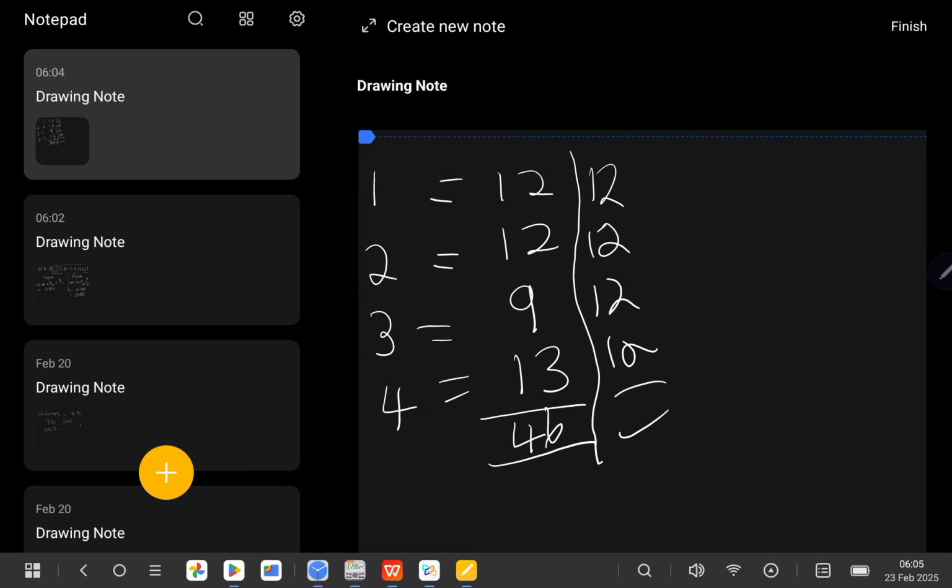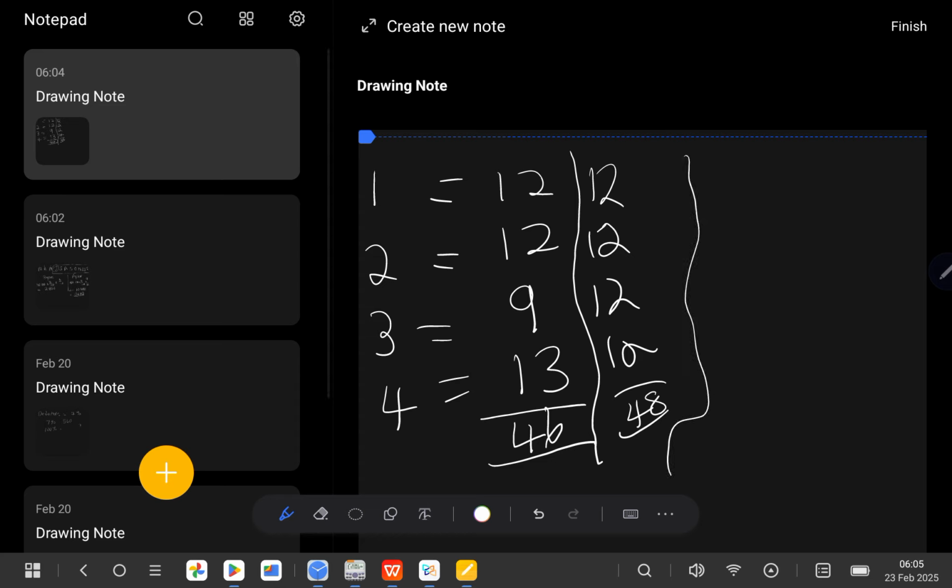So we were supposed to make 48 payments. Now we only made 46 payments. Remember, one was prepaid, one was underpaid.